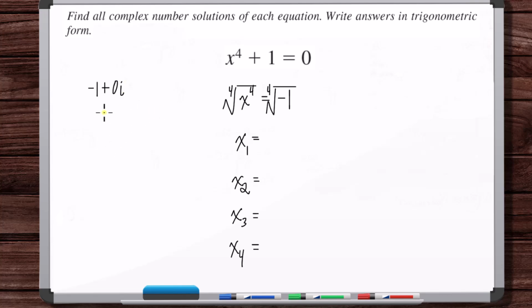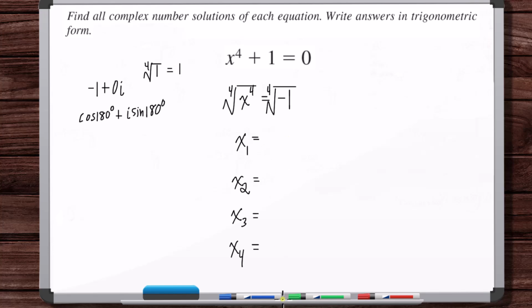Now, in polar form, that's going to be cosine of 180 plus I sine of 180. With radius 1, so the radius for each of these is the principal fourth root of 1, which is just 1.